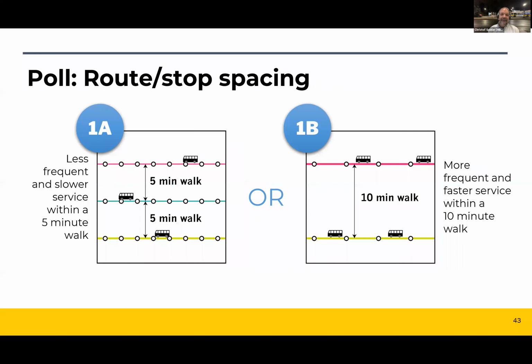Next slide. So we'd like to hear from you, and let's go ahead and launch this poll now. What is your preference? Less frequent and slower service within a 5-minute walk, or more frequent and faster service within a 10-minute walk? Give everybody a chance to vote on this. It's fun watching the results come in here.